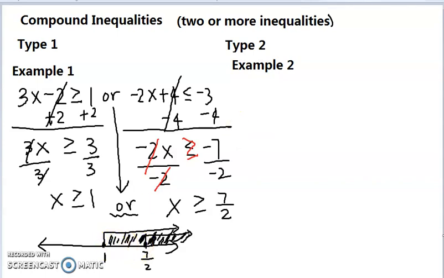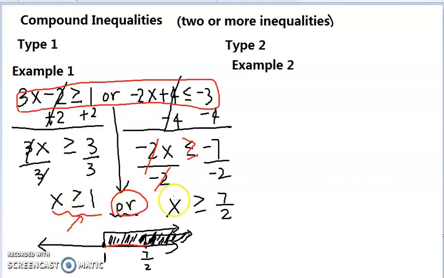Let me use a different color to show those numbers. So these numbers are greater than 1. So they're certainly solutions of the first inequality, which will also be the solution of the whole compound inequality, because or means the solutions of the first one or the solutions of the second one will be the solution of the whole compound inequality.